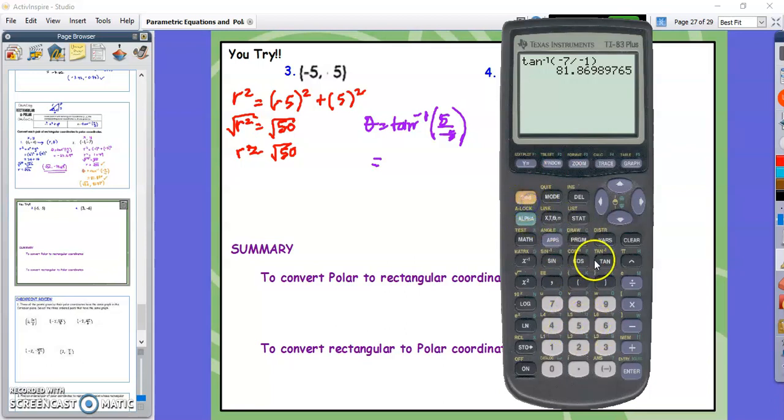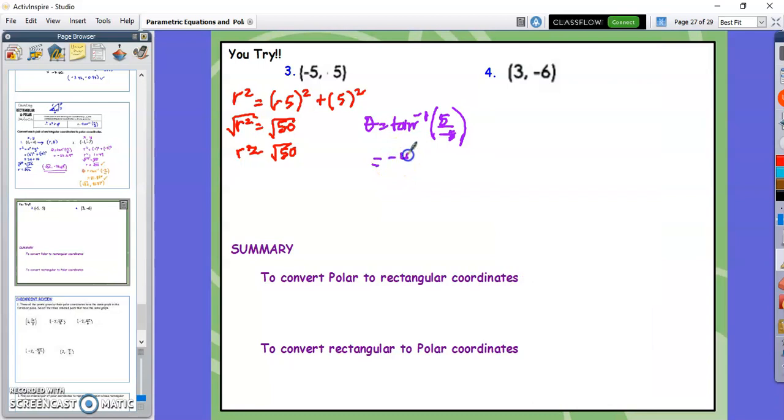So arctan of 5 divided by negative 5. I should have negative 45 degrees. So my r is root 50, my theta is negative 45 degrees. Therefore, my polar coordinates will be root 50, comma, negative 45 degrees.